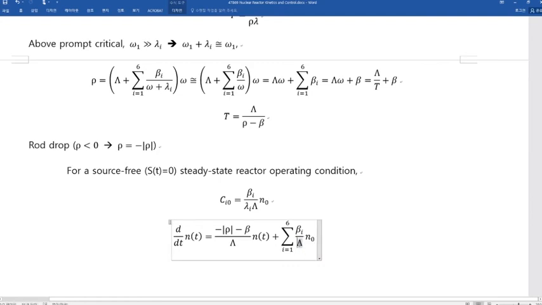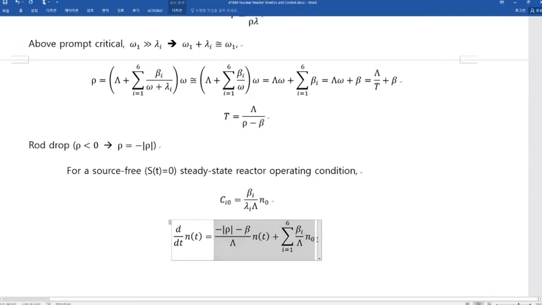And in fact, with respect to i, the prompt generation time and the steady state neutron population are all constant, so they can be taken out of this sigma. We are going to have only beta i.